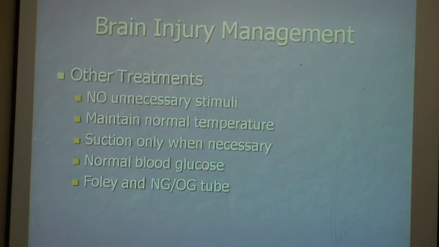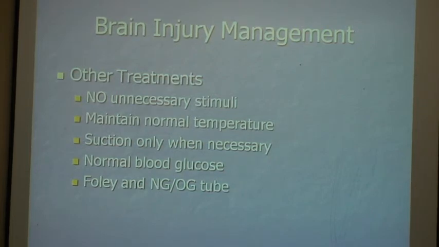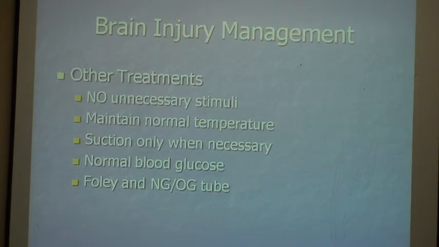Normal blood glucose. You know, again, the brain doesn't have any sugar up there to use. It doesn't have any stuff banked up there, so we have to keep it normal. Obviously don't want it low, but we don't want it high either, because if you get it high, that leads to increased fluid in your brain. Your brain tries to suck in that sugar.